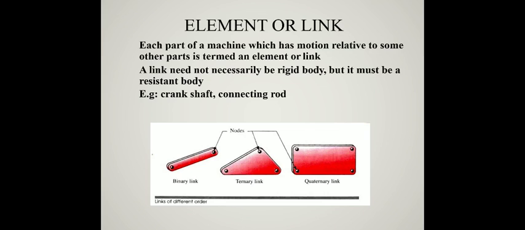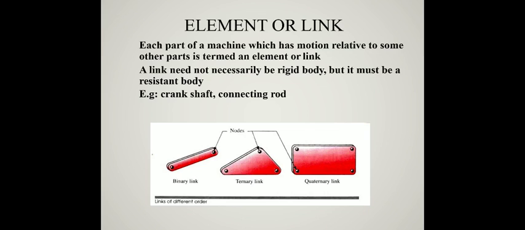A fixed part or a link which must have relative motion with another part is termed an element or link. An element need not necessarily be a rigid body, but it must be a resistant body, means it should resist the force or resist the motion which comes from others.